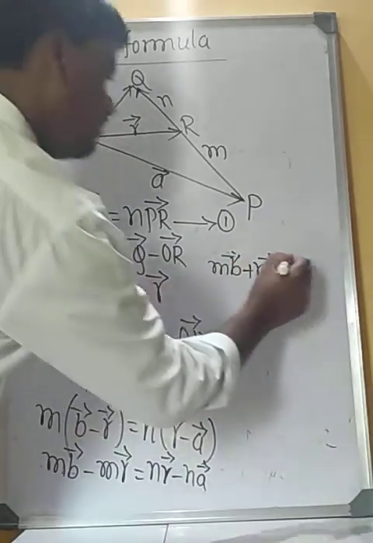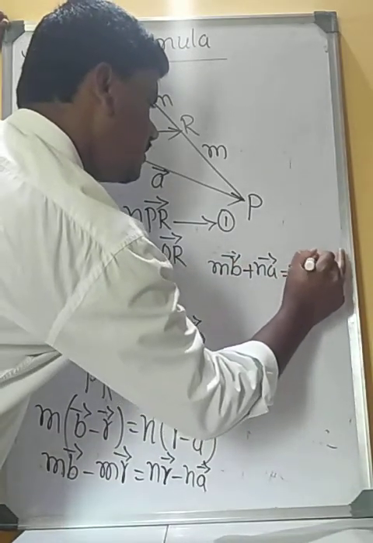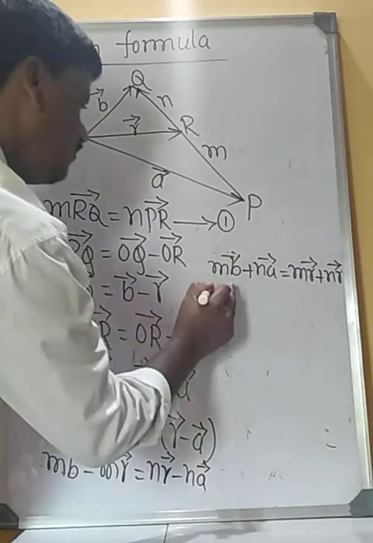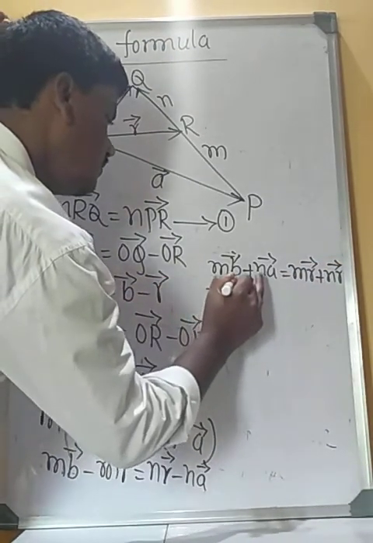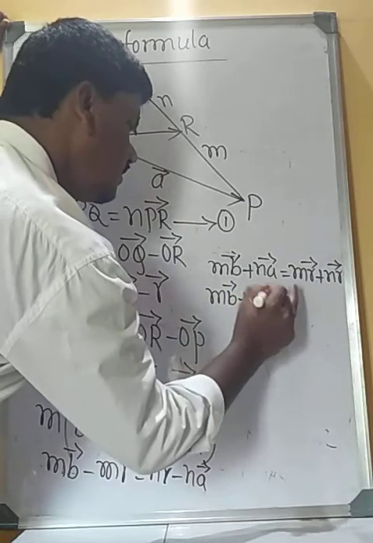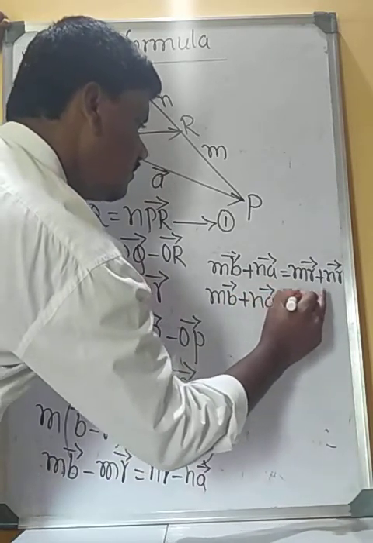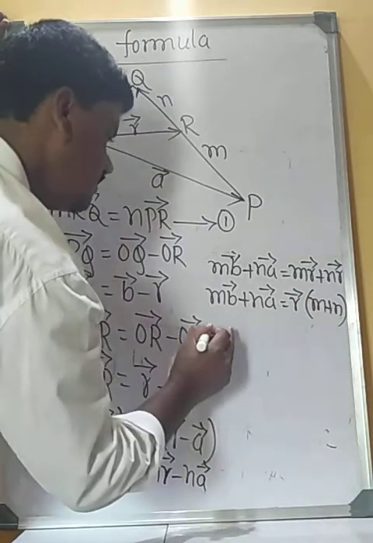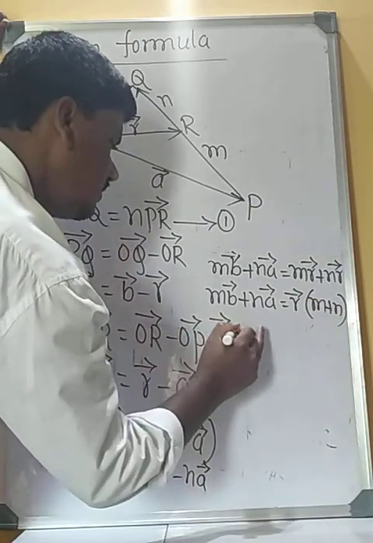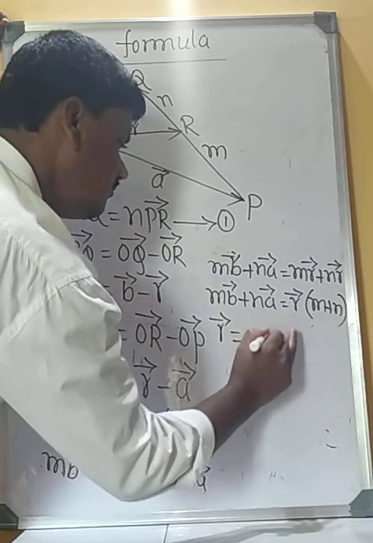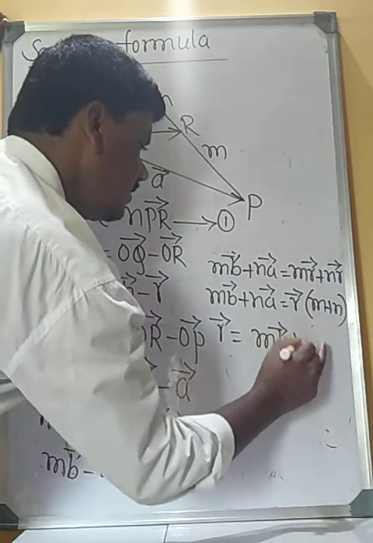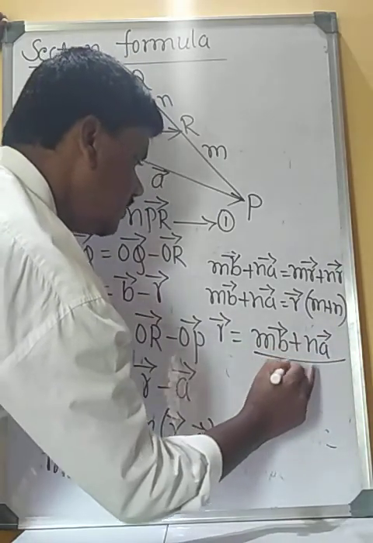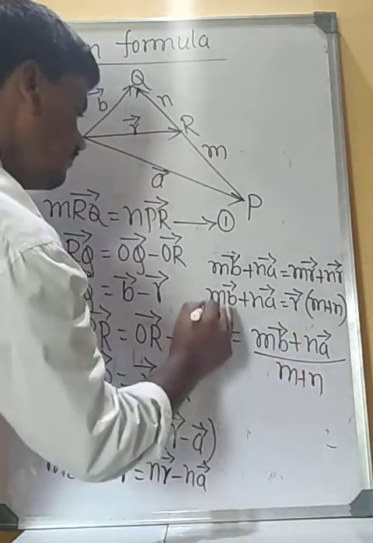Rearranging, MB vector plus NA vector is equal to MR vector plus NR vector. R vector is common, M plus N, therefore R vector is equal to (MB vector plus NA vector) divided by (M plus N).